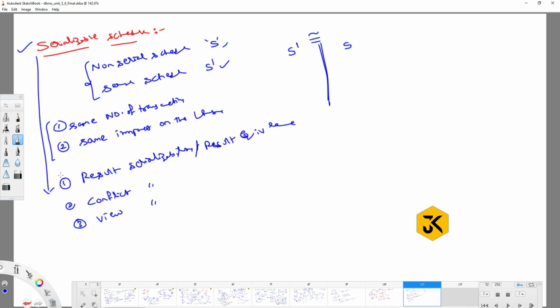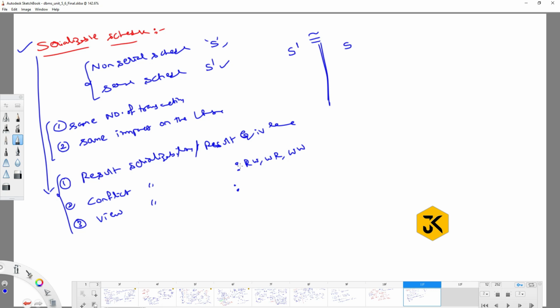So these are the three different ways we can define whether a non-serial schedule and a serial schedule are equivalent. In terms of result, at the end, if the result of the non-serial schedule S dash and the serial schedule S is equivalent, we can say both are equivalent. Or we can say it in terms of conflict operations. What conflict operations might there be? Read-write, write-read, write-write. In terms of these also we can define whether two schedules are equivalent. And in other terminology, based upon the way they appear, by simply viewing the transactions, we can define whether they are view serializable or not.